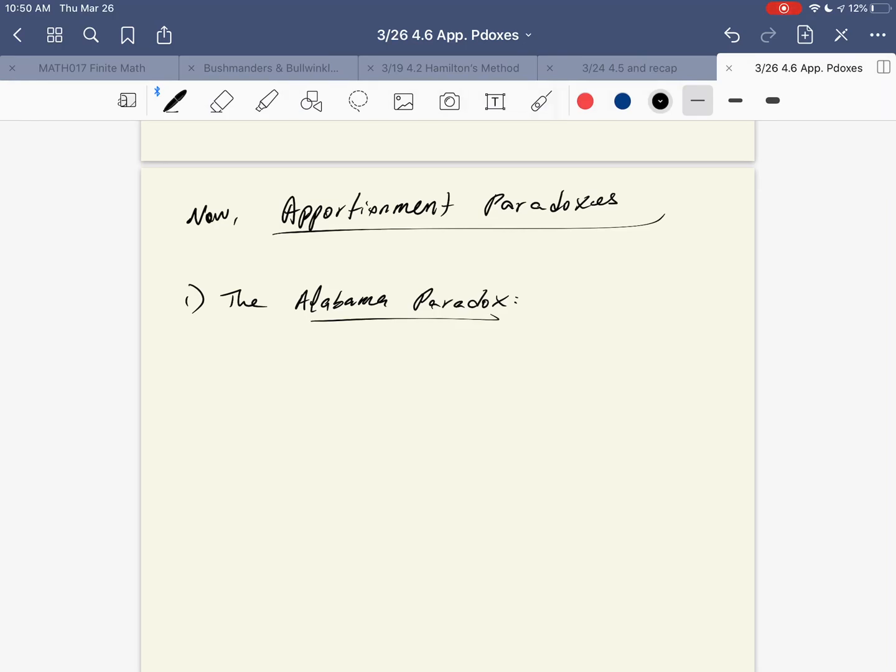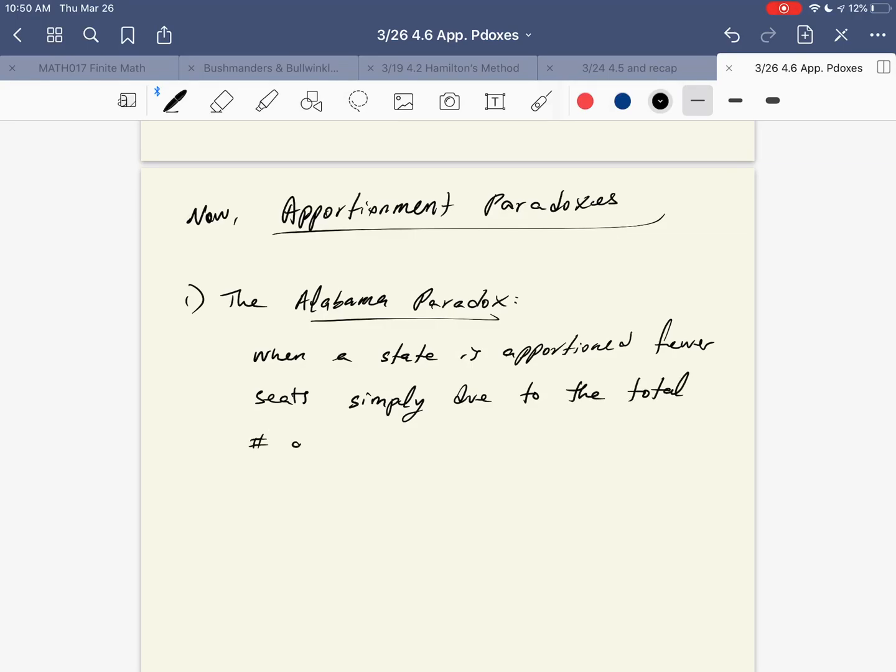The Alabama paradox occurs when a state is apportioned fewer seats simply because the total number of seats being apportioned has risen. When a state is apportioned fewer seats simply due to the total number of seats M increasing.